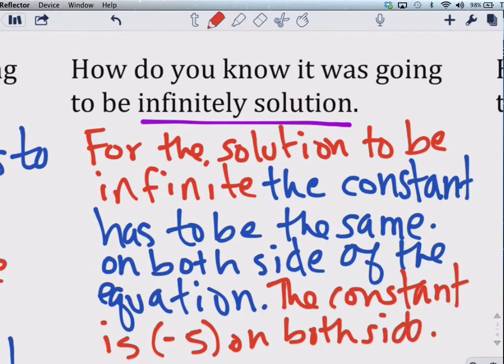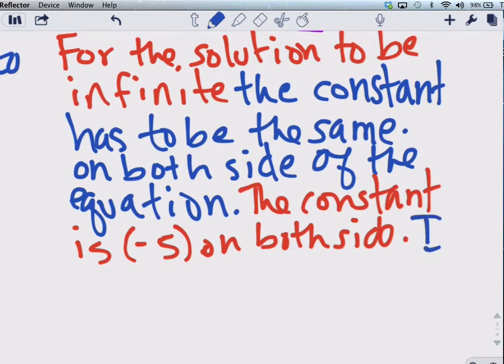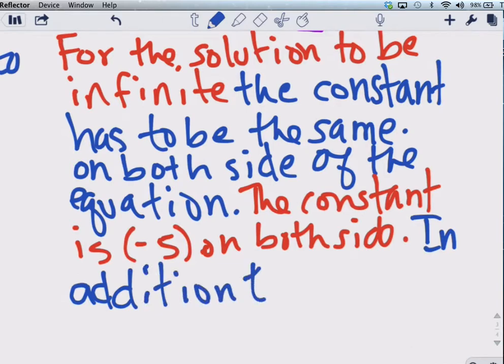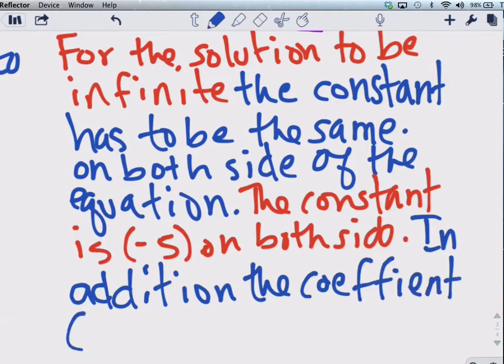What else needs to be the same? In addition, the coefficient, in this case the coefficient is 1, also has to be the same.